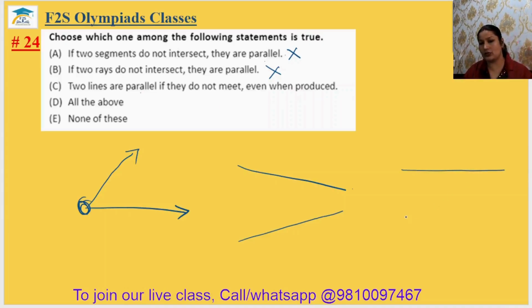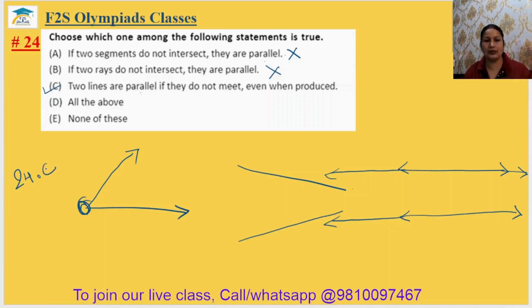So there are 2 lines and they will never meet if the distance between them is the same everywhere. If we produce them, increase them, they will never meet, and never meeting lines are known as parallel lines. Option C is the correct answer. 24th answer is option C.